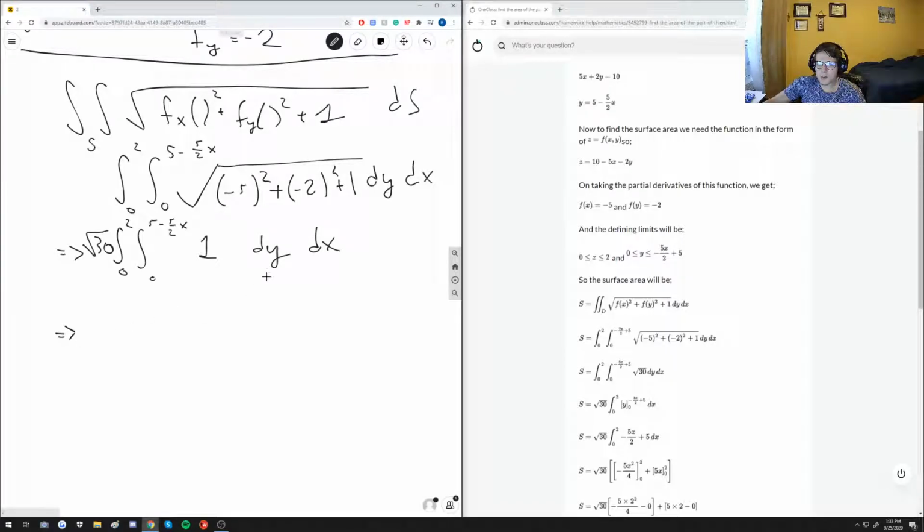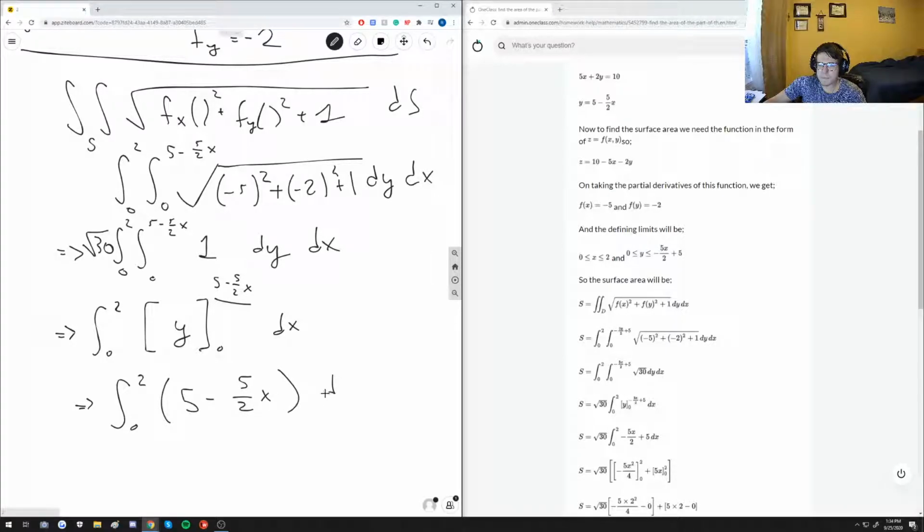So after integrating with respect to y, we get 0 to 2. The integral of 1 with respect to y is just y. Our bounds are 0 to 5 minus 5 halves x. And now, because we have a 0 bound here, we only evaluate our upper bound. So we get 0 to 2 of 5 minus 5 halves x dx.